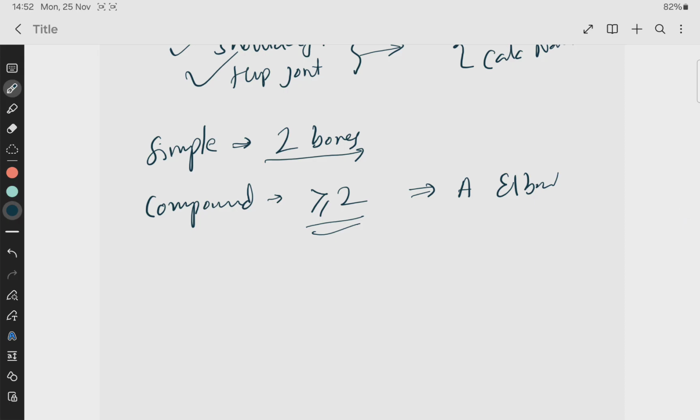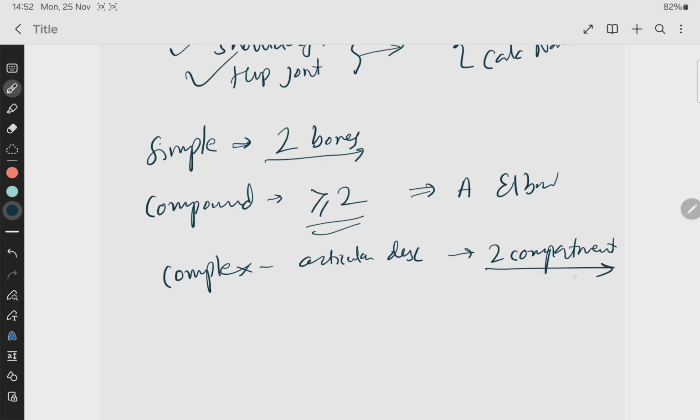And the third one is known as a complex type of joint, where the joint cavity is divided by an articular disc into two compartments, and different movements occur in different compartments. Temporomandibular joint, sternoclavicular joint, and knee joint are examples of the complex variety.